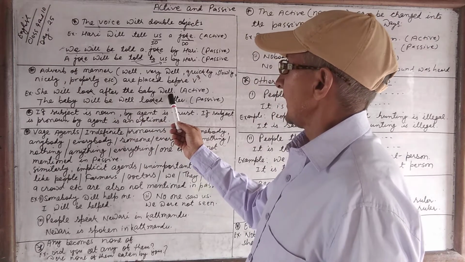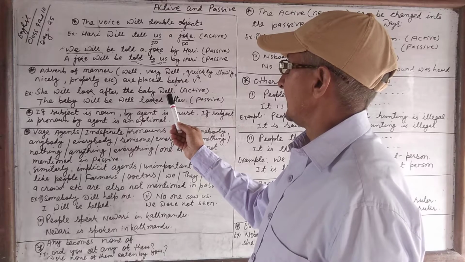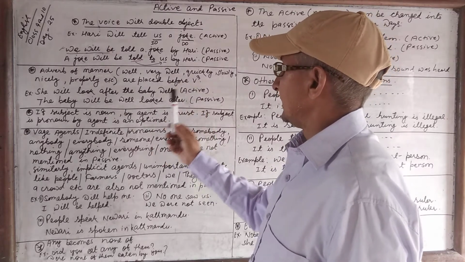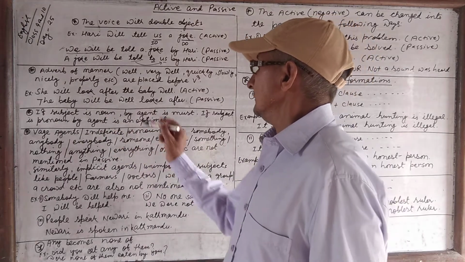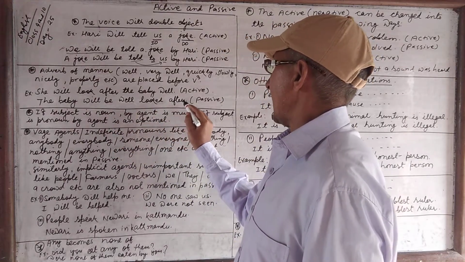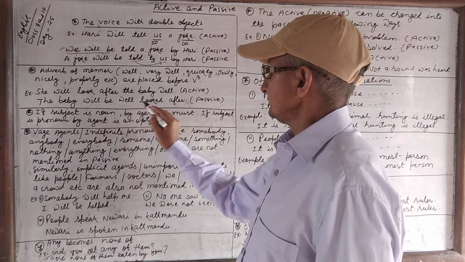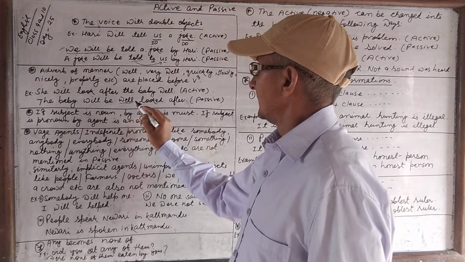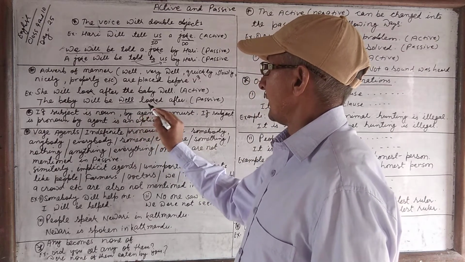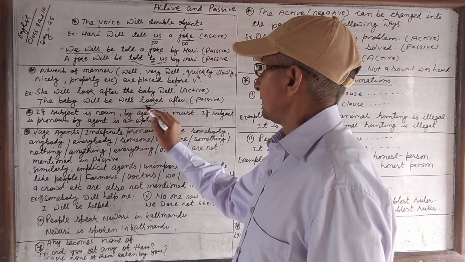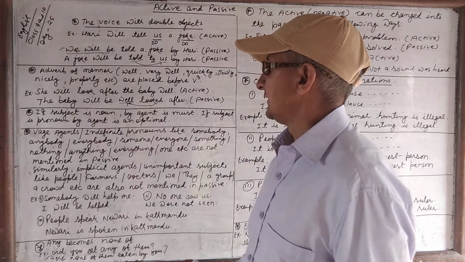Well is the adverb of manner, and we place the adverb of manner before V3. The baby will be well looked after. You can see here well is the adverb of manner, and we have placed it before V3. Looked is V3, so we placed it before.